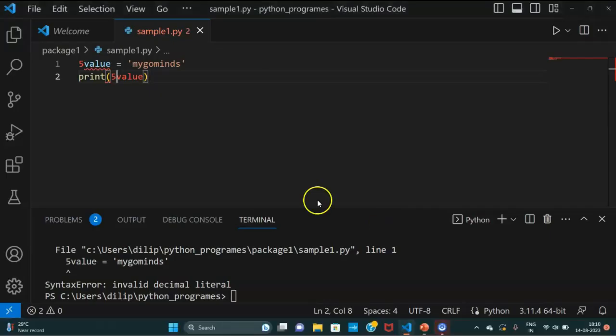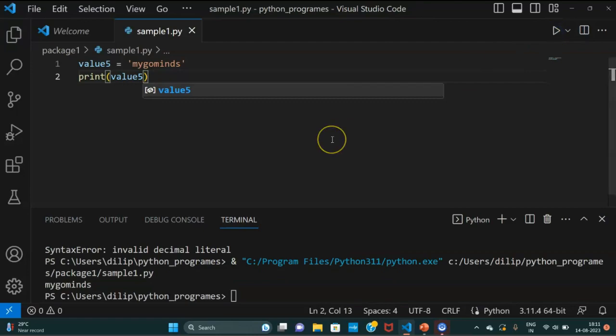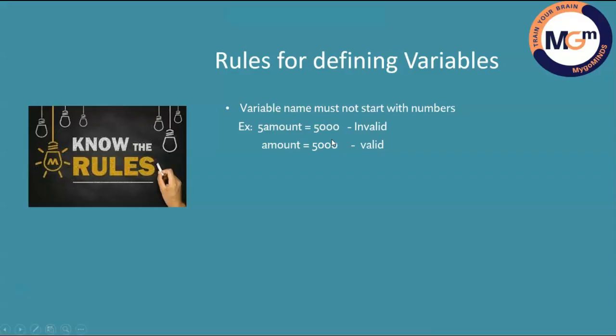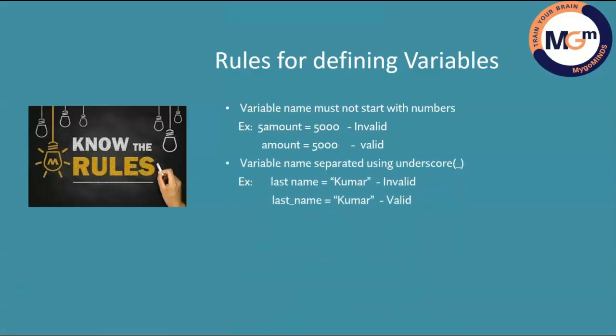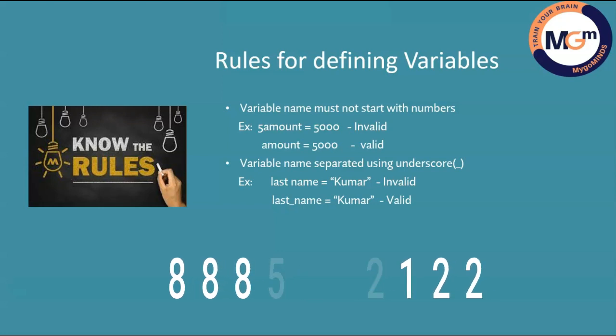We should not start a variable with a number, but you can use a number at the end. That's it. So these are the rules which we have to follow while creating and defining the variables.